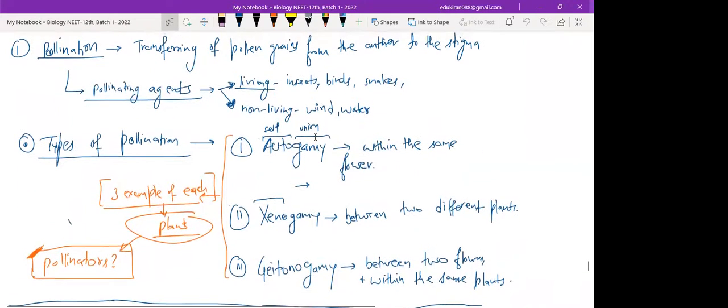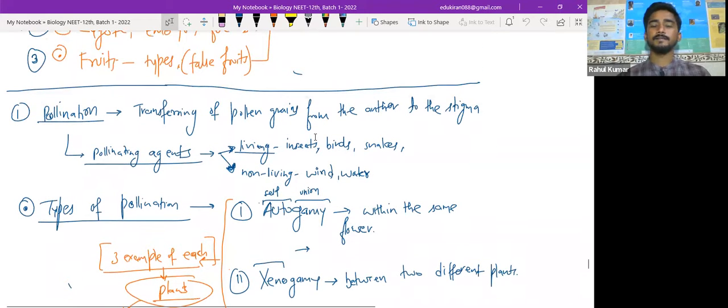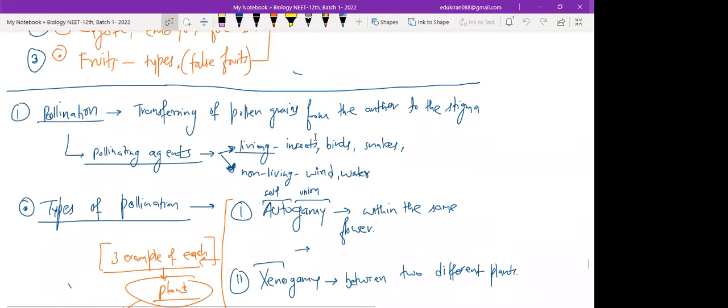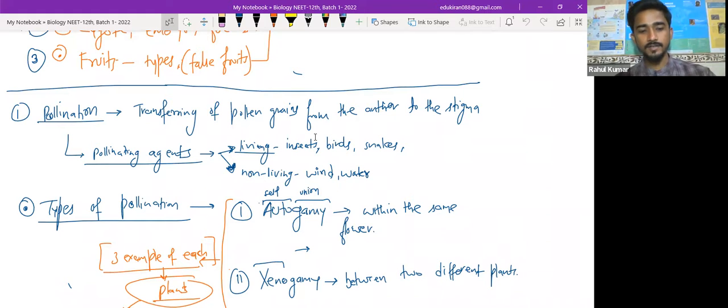Yes, we did pollination, in which we defined pollination as the transfer of pollen grain from anther to stigma. Then we studied pollinating agents. That is the first stage, right? There are three stages.